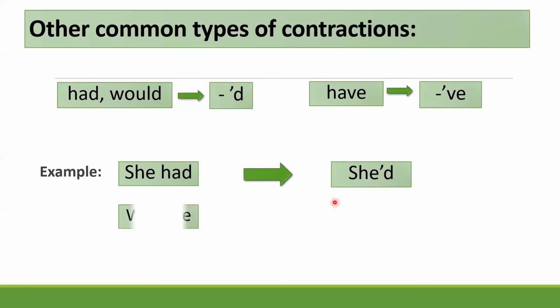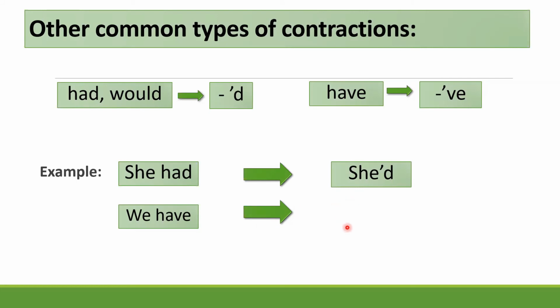Okay, next we have the phrase we have. Again, for the word have, we just have to remove H and A, put apostrophe, and then VE. So what do you think? We have will become?